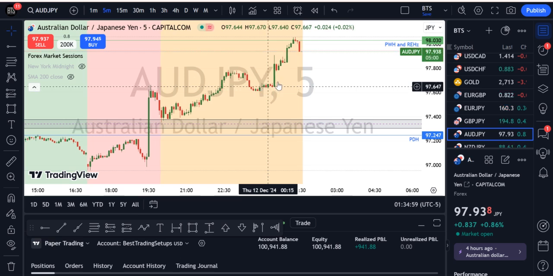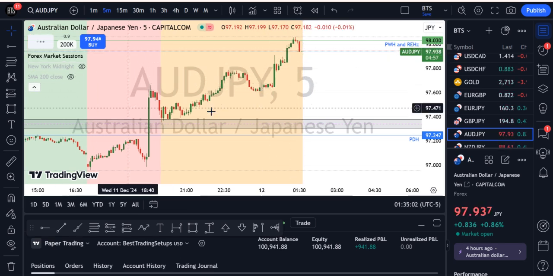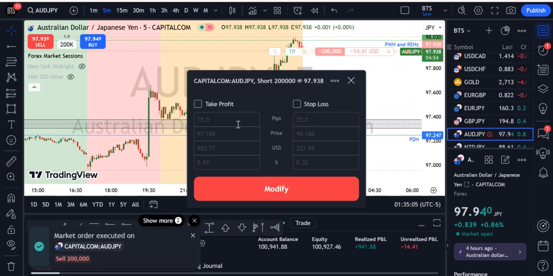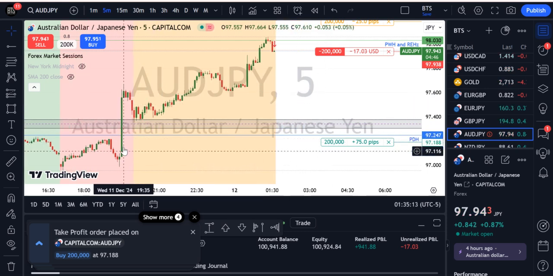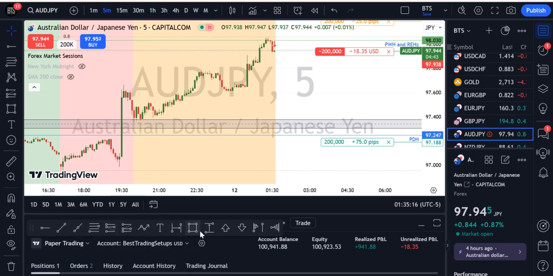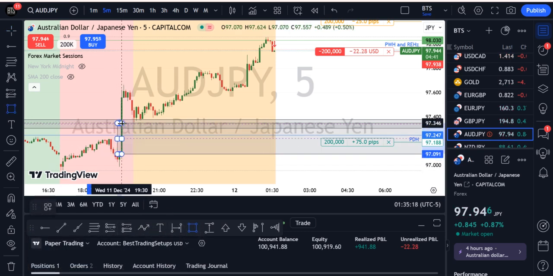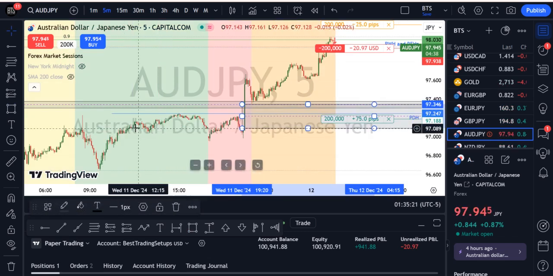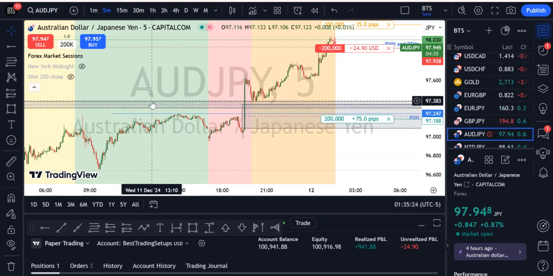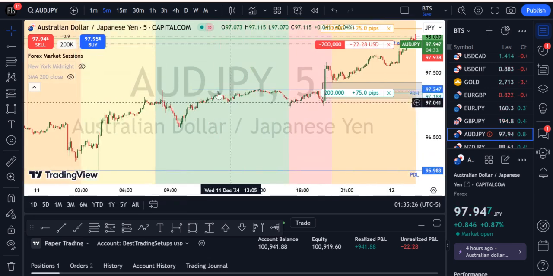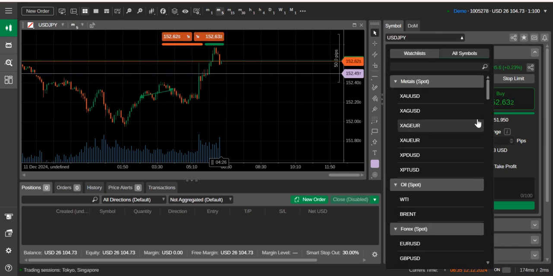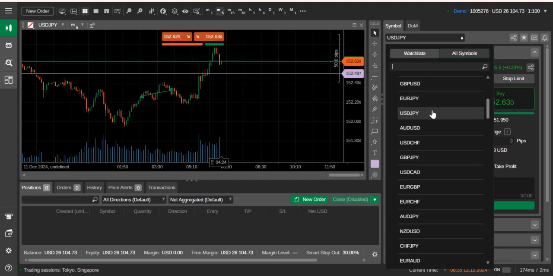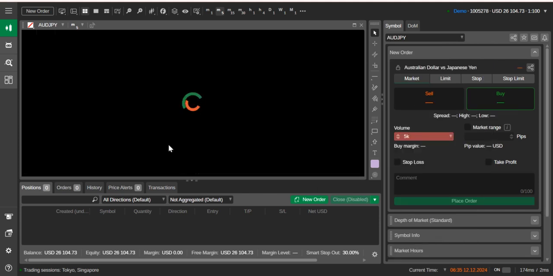So I'm just waiting for price. Yeah, we get that close. Stop loss 25 pips, take profit 75 pips. Right there. So we'll be trading back into this imbalance right there. AUDJPY.